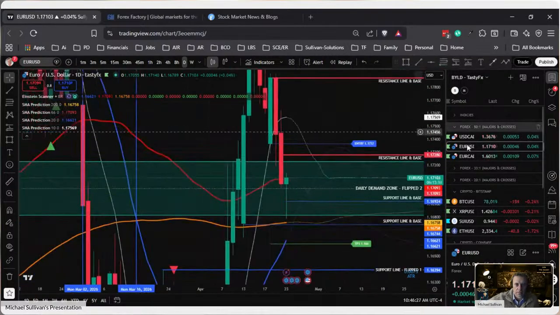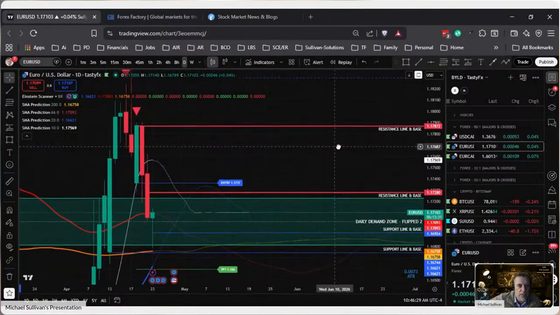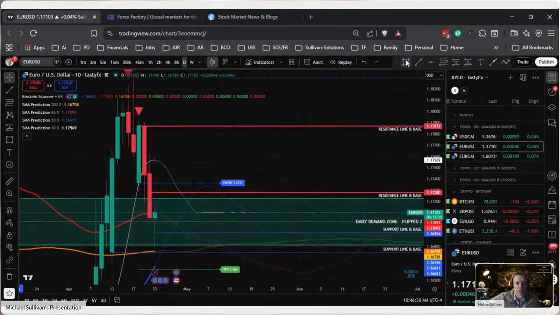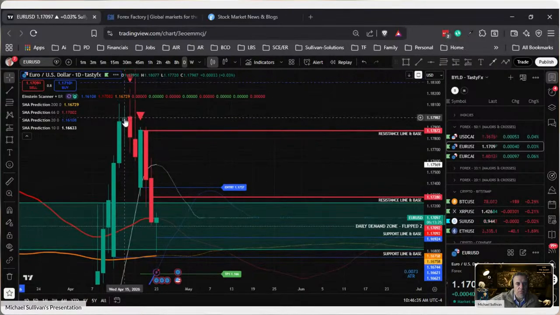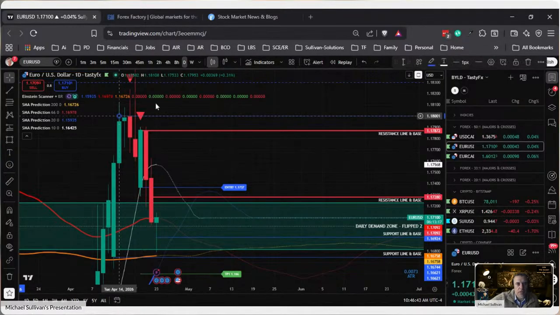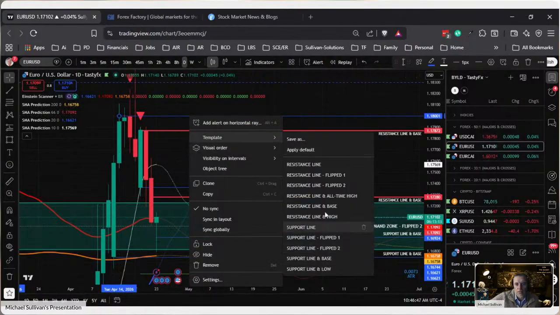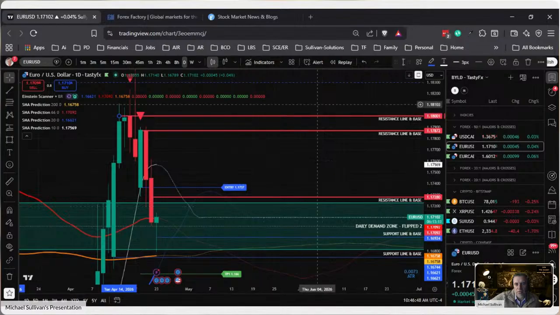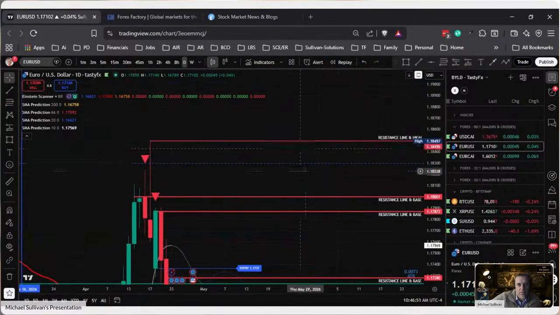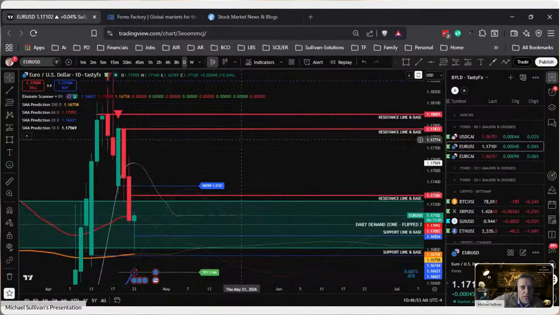I'm trying to just adjust the size. Okay. So there is some interesting info right there. We have a small supply zone right here. I'm just going to mark this as a base. Alt J. Resistance line and base, right here. We already have that as a resistance line and high. Good.